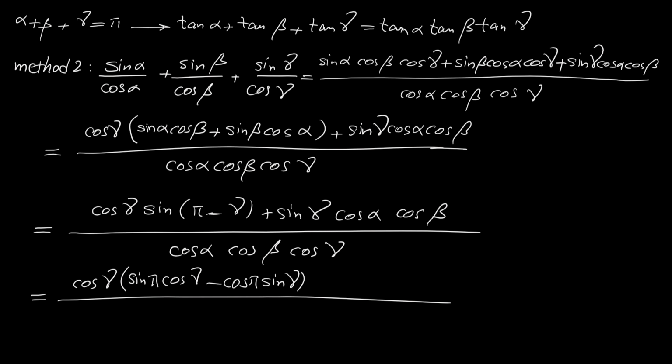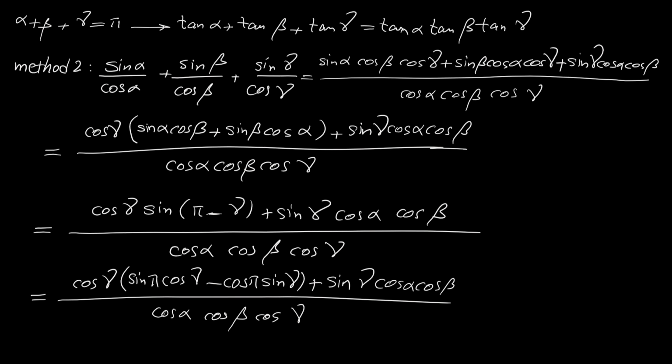This is the formula that we have for difference of the angles. And we rewrite everything else: sine gamma, cosine alpha, cosine beta, all over cosine alpha, cosine beta, cosine gamma. As you can see, this method is more complicated than the previous method. The first method was very straightforward and easier, but this is another way.